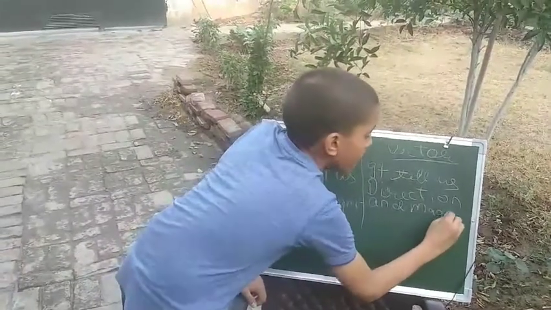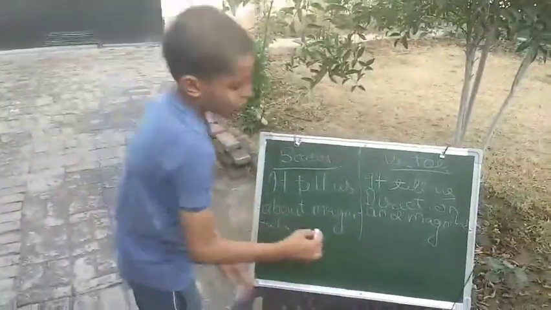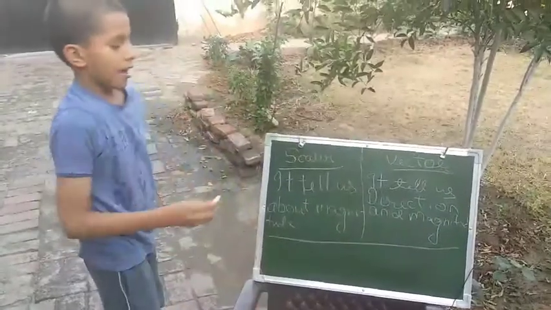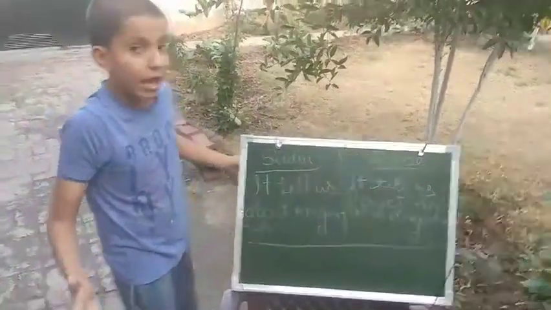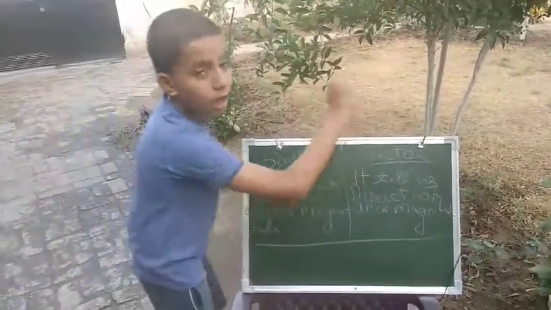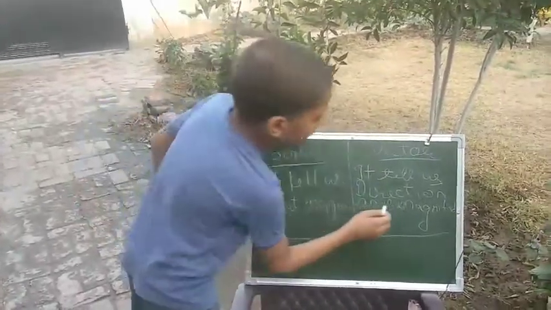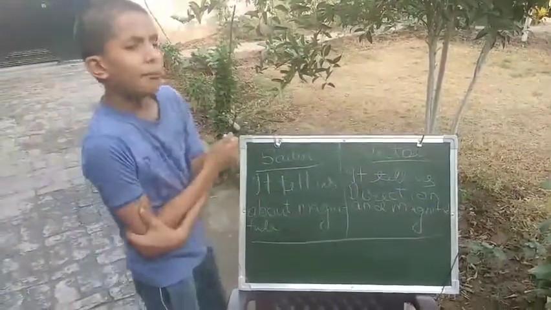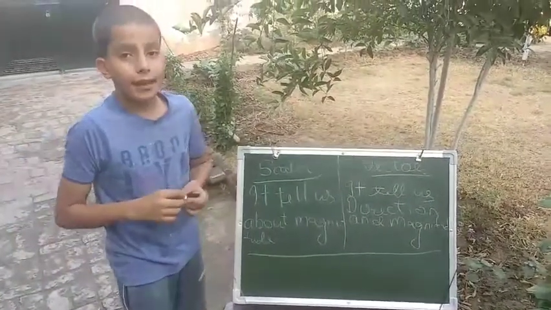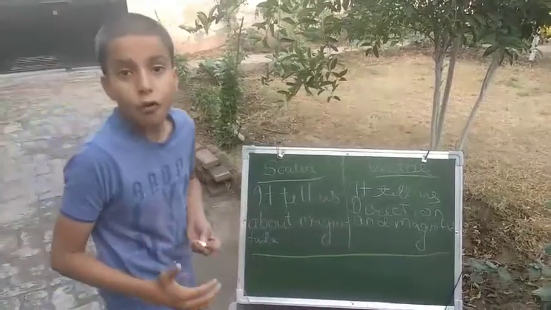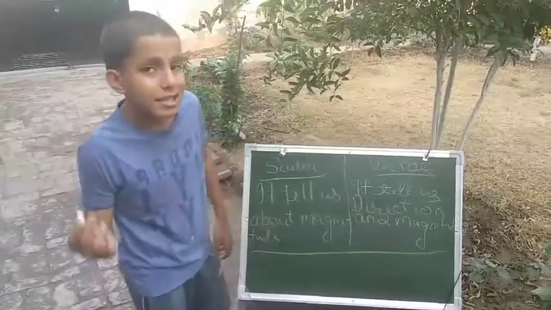So scalar quantity tells us about the magnitude and not about the direction or any other thing. But vector quantity tells us 2 things: direction of an object and magnitude. An example of a scalar quantity is area, or mass of an object, and a vector is like velocity.